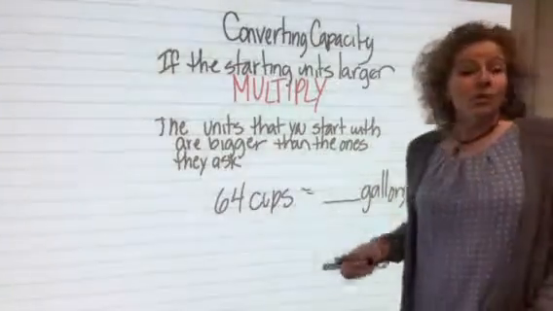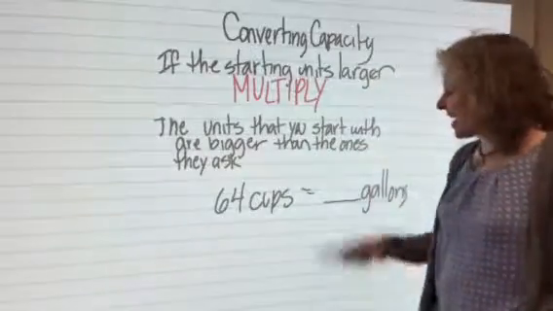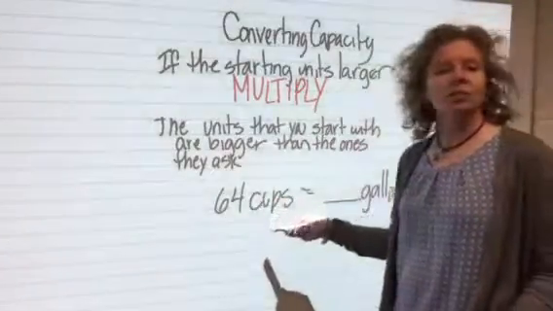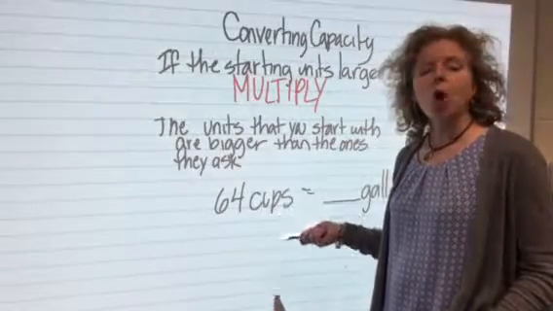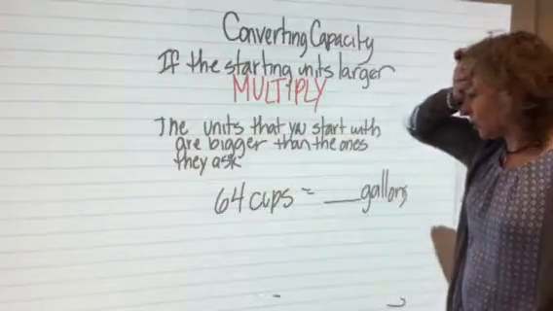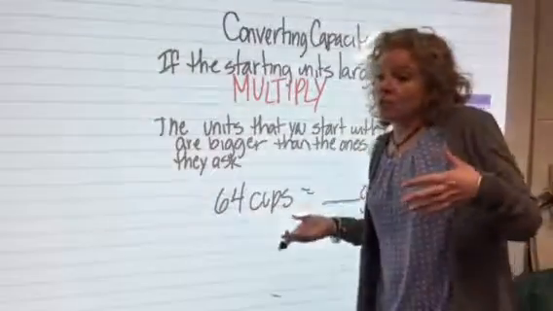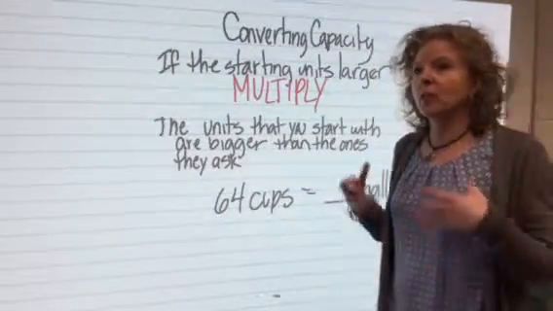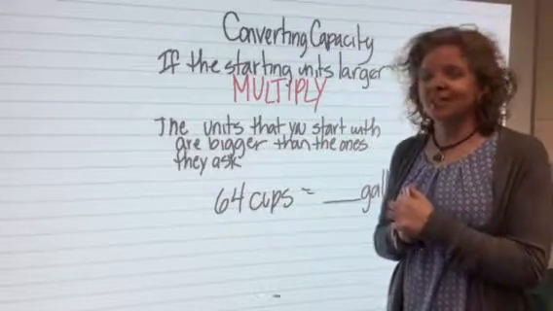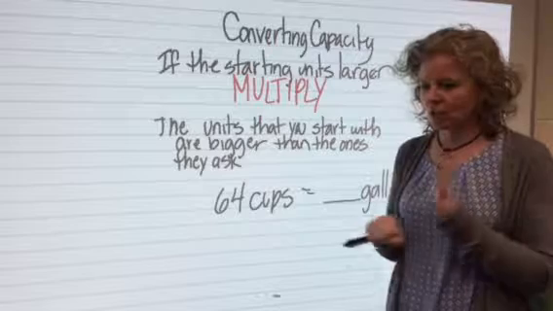Let's see, if the starting unit's larger, multiply. Starting unit's cups, they give us 64 cups. Is that larger? No, it's not. This time they started with a smaller one, the opposite. If only we knew something that was the opposite of multiplication.